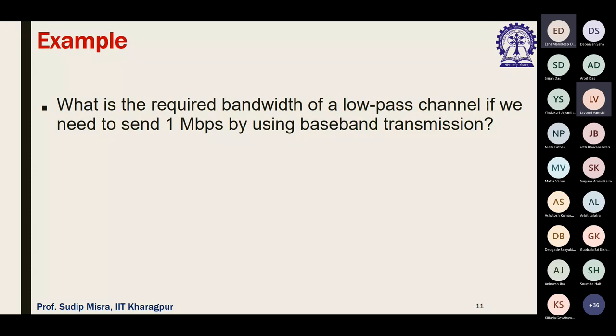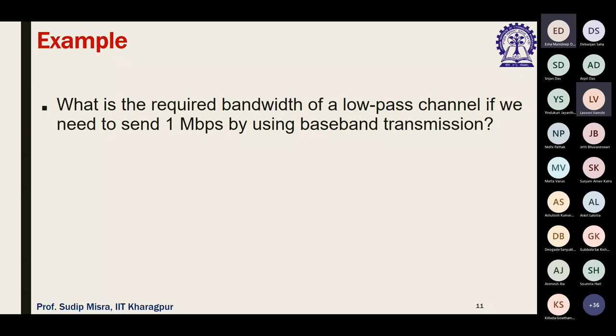The question over here is, what is the required bandwidth of a low pass channel if we need to send 1 Mbps by using baseband transmission? Here we are talking about baseband transmission only, so we need to do it through a low pass channel, and we have 1 Mbps. Can somebody tell me what the required bandwidth will be?